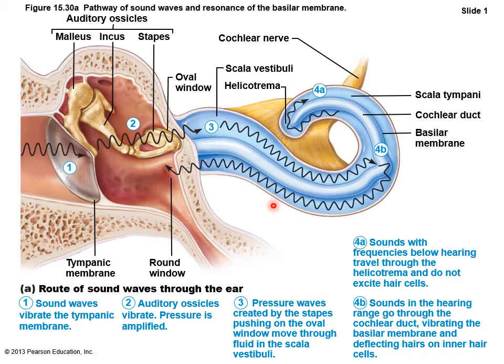So what's going to happen is you have sound waves that come in, and these waves will cause a vibration, and that's going to cause the tympanic membrane to vibrate, and that's going to cause these little bones to move. These little bones are collectively called auditory ossicles, but individually it's the malleus, the incus, and the stapes.